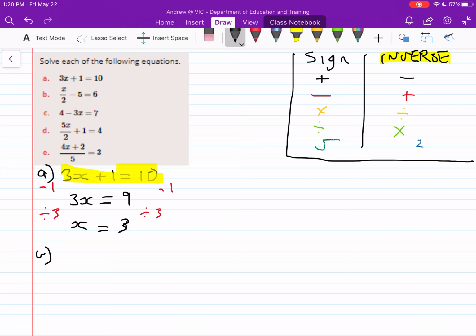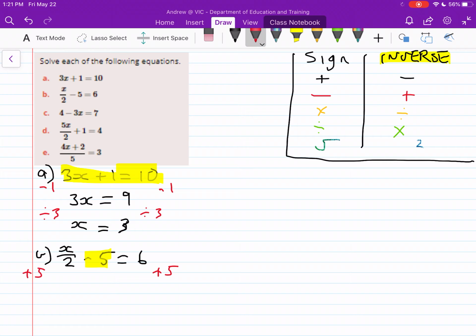Our second one, we've got x over 2 minus 5 is equal to 6. Hopefully you notice here that this minus 5 is away from the x, so we can get rid of that first. To get rid of a minus 5, we need a plus 5 to both sides.